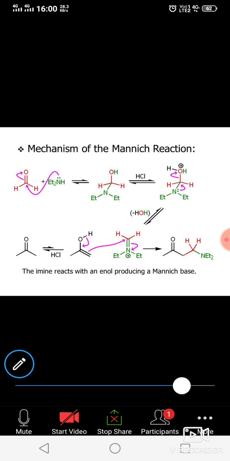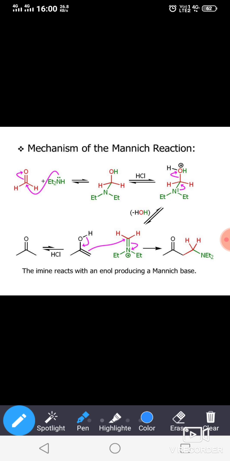So oxygen will have the negative charge, and the carbonyl carbon will have the positive charge. To the carbonyl carbon, this nitrogen will get attached, because nitrogen has a lone pair of electrons, meaning it has extra electrons. It can form a bond with the carbonyl carbon, and you will get this structure.